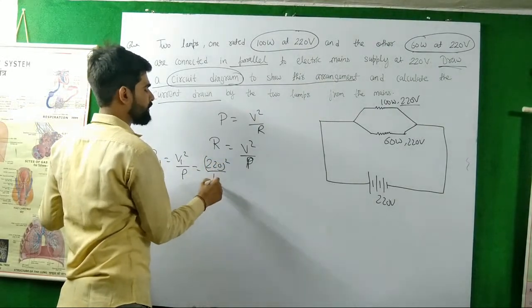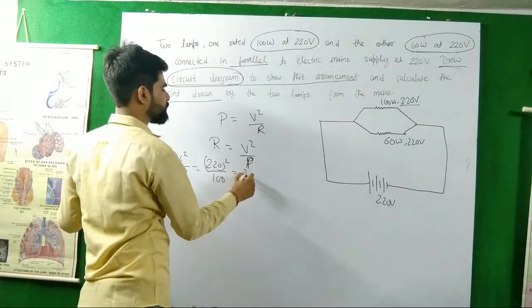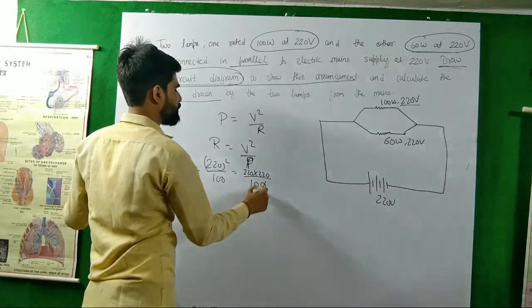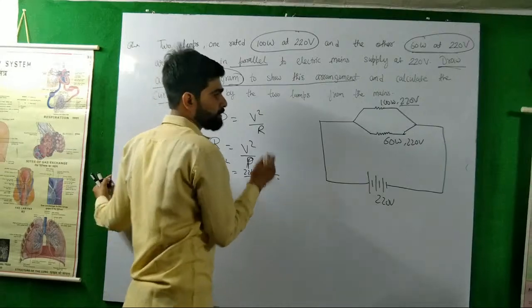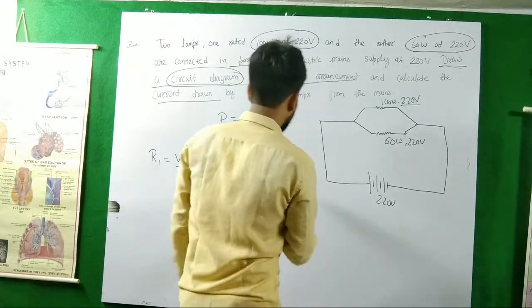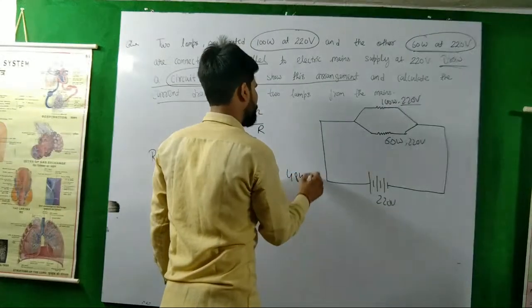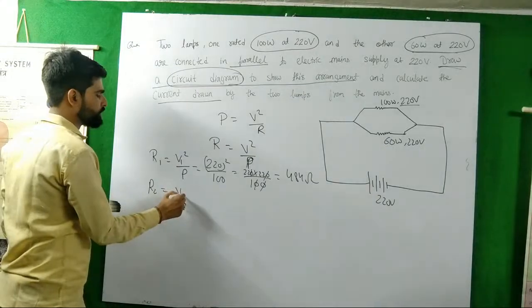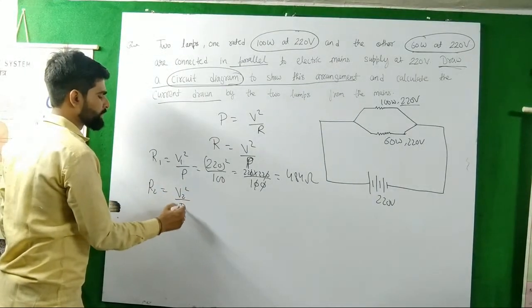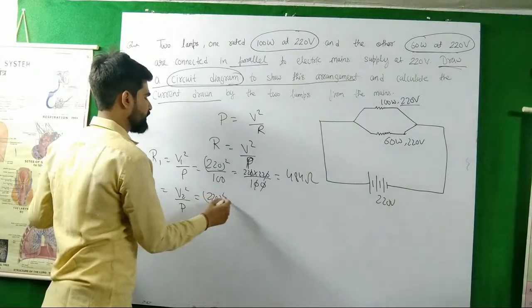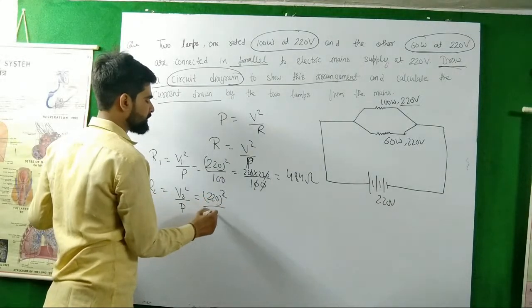Upon power 100. Solve 220 square upon 100. Both zeros cancel, and we multiply 22 times 22, and we find 484 ohm. Now we find R2, which is V2 square upon P, where V2 is again 220, but the power is 60.